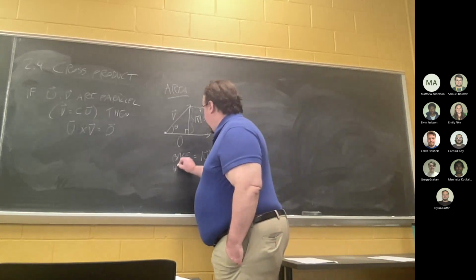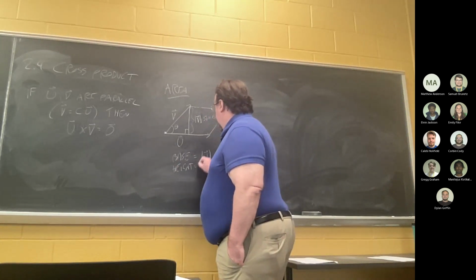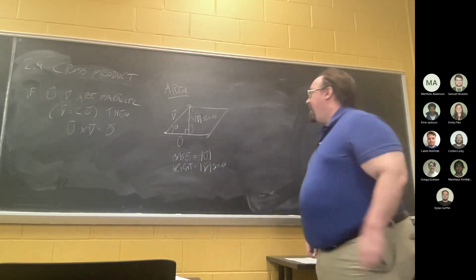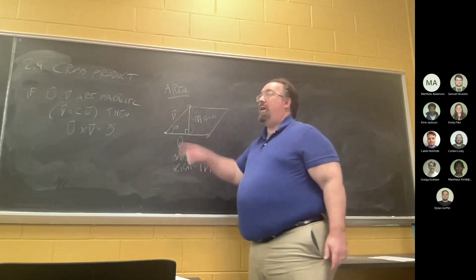So the height is magnitude of v sine theta, and that just comes from sine theta being opposite over hypotenuse.